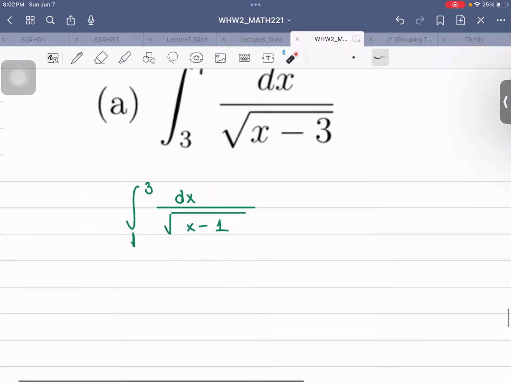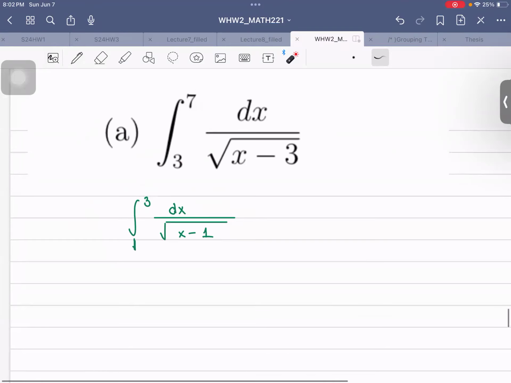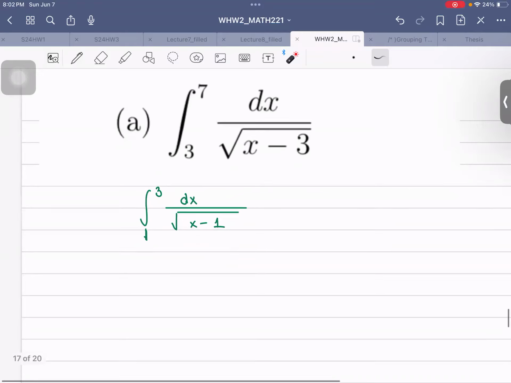Over here you see the numbers of integration are from 3 to 7. I'm sorry, I will solve this one. The interval I want to integrate is from 1 to 3, and my function has a problem at 1 because if I plug in 1, my function is not well defined, so my function has a vertical asymptote at 1.